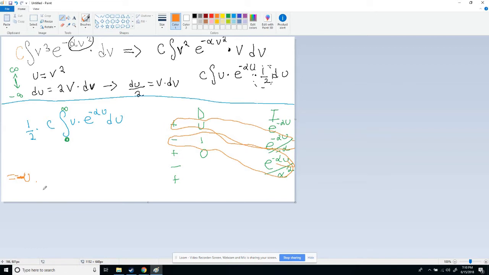So equals minus u times e to the minus alpha u over alpha from 0 to infinity. And then this one is going to be a minus 1 times this whole one over here, from 0 to infinity.